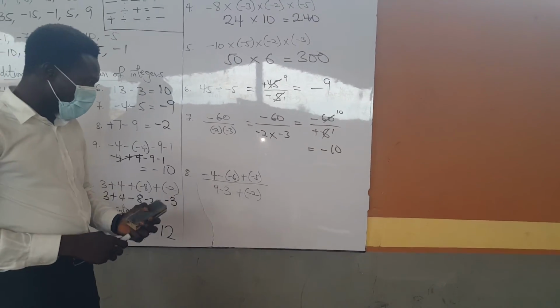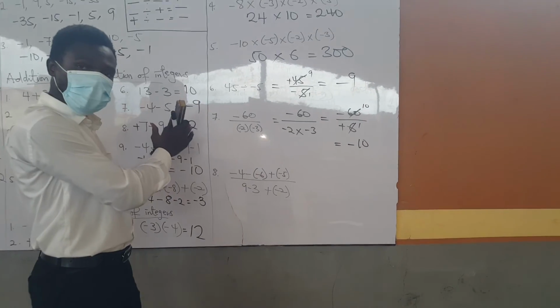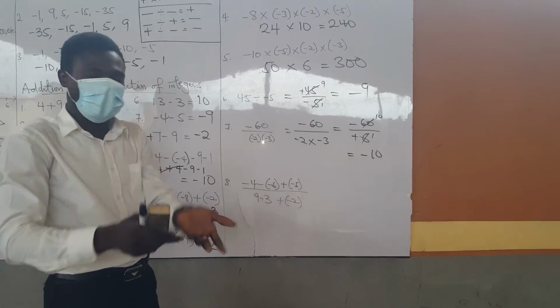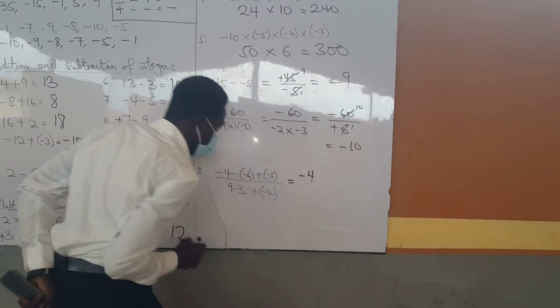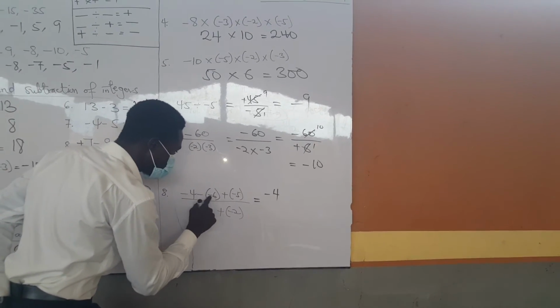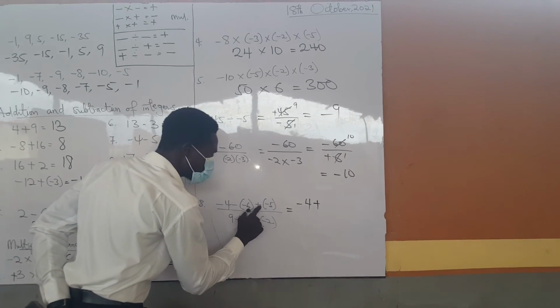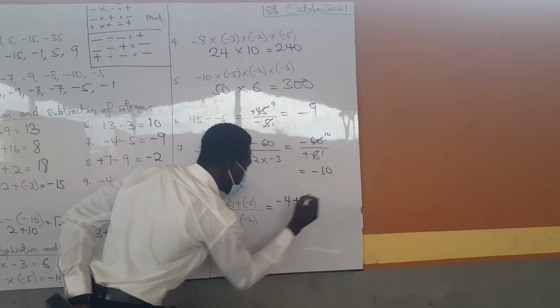Then when you come to the number 8, you solve your numerator separately and your denominator separately to arrive at a single digit. So this is going to give me negative 4. We were told that when two negatives meet, it's going to give us positive. When negative and positive meet, it's going to give us negative.